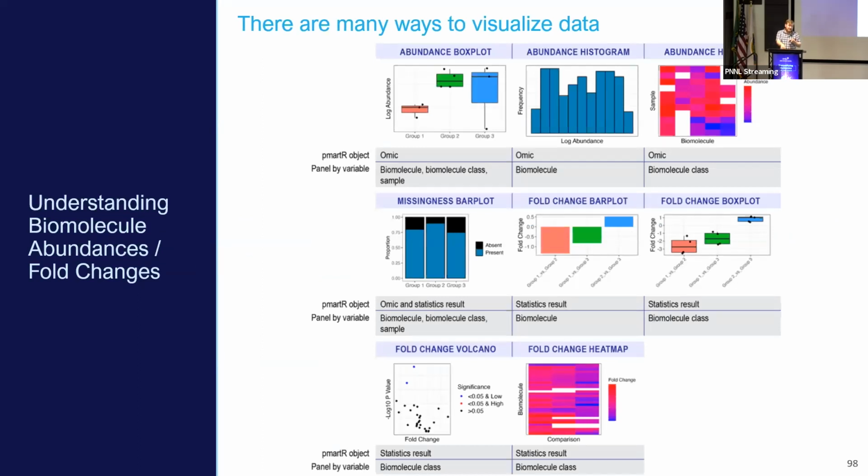So within the PMART package, when you finish your normalization step, you can actually wrap it in what's called a Trelli data object, which is a Trelloscope-based object where you can take that information, pass it to a summary function, and get a summary of which kinds of plots you can make. So for example, if you've got omic data, you can make a specific plot for each omic. So if that's a peptide or a protein, you'll get one of these plots for every single peptide and for every single protein.